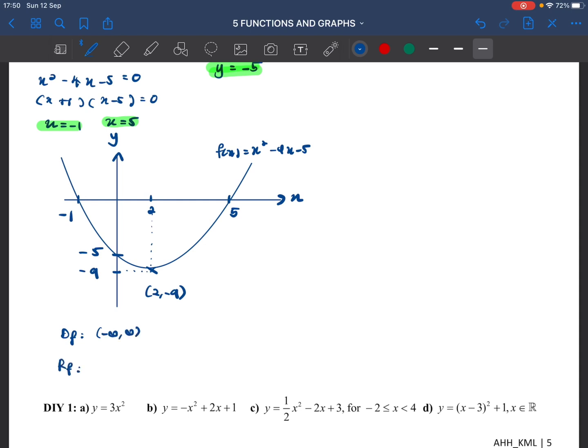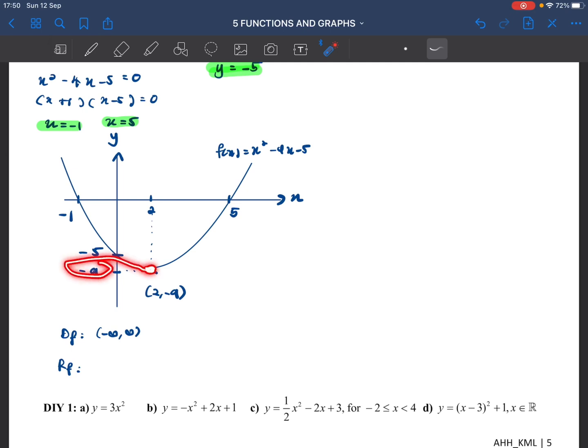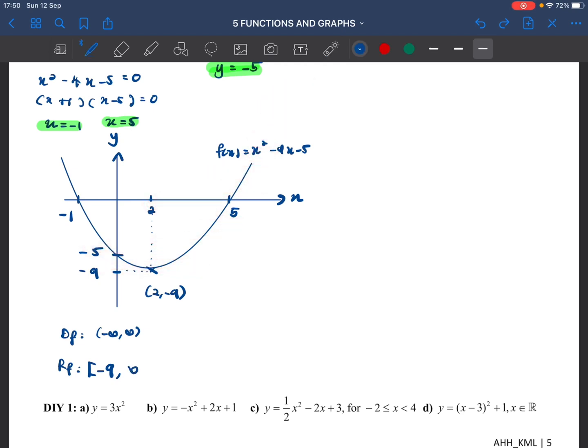And the range, range goes from bottom to top. There is no function here, none here, none here. Our function starts here, which is negative 9. It will start from negative 9, closed, up to infinity. So that should be our domain and range.